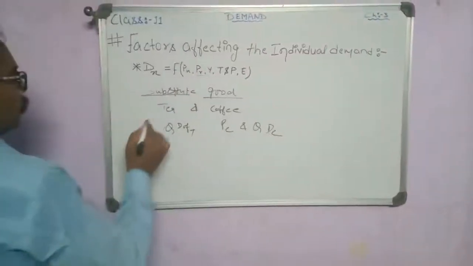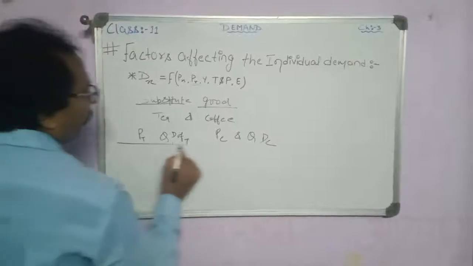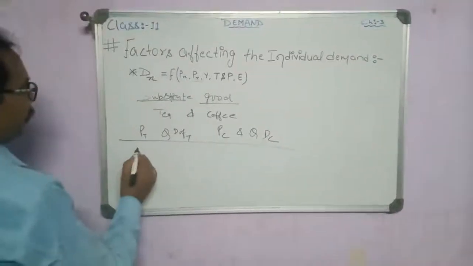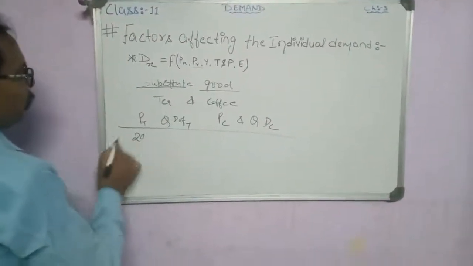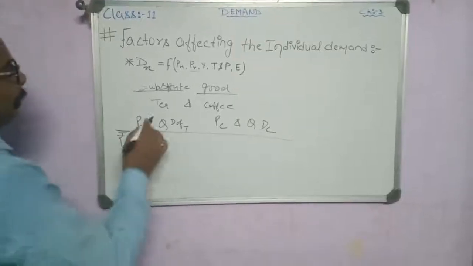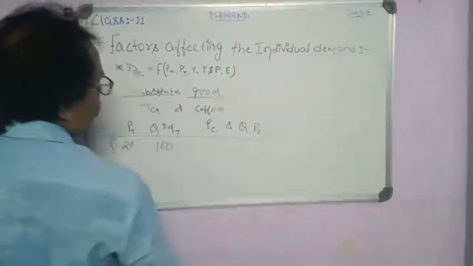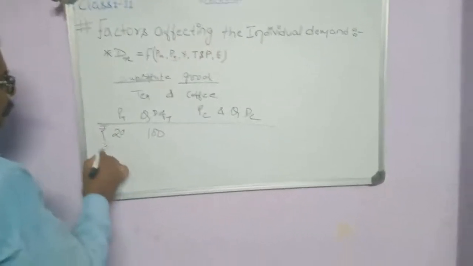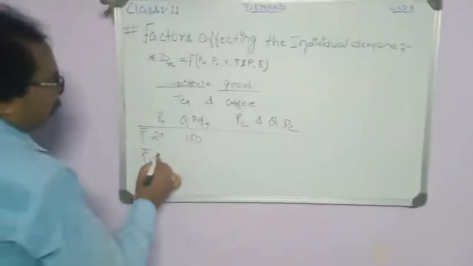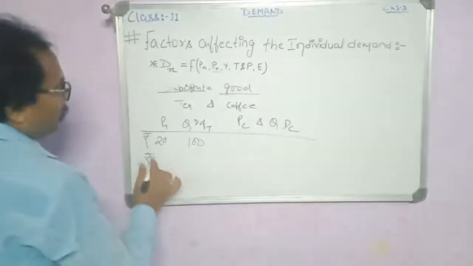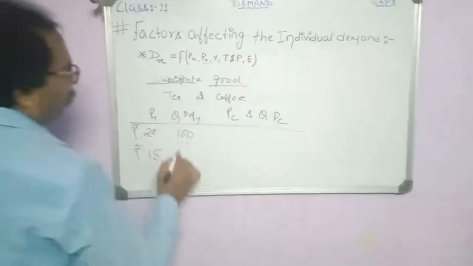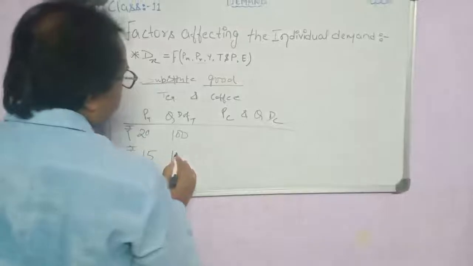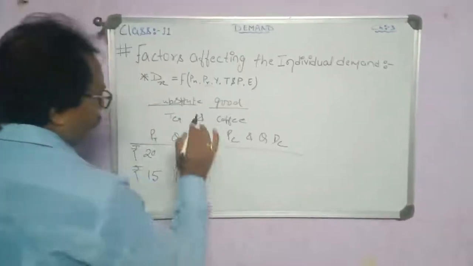Okay, so look here. If the price of tea is, suppose, rupees 20, the people are demanding 100 units. And when the price falls from 20 to, suppose, 15, the quantity demand increases, suppose to 125.